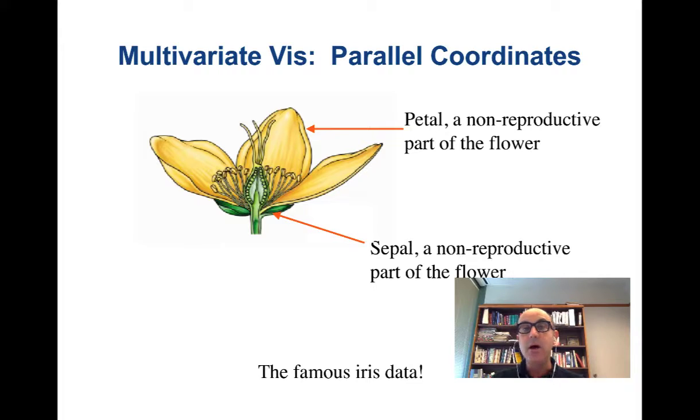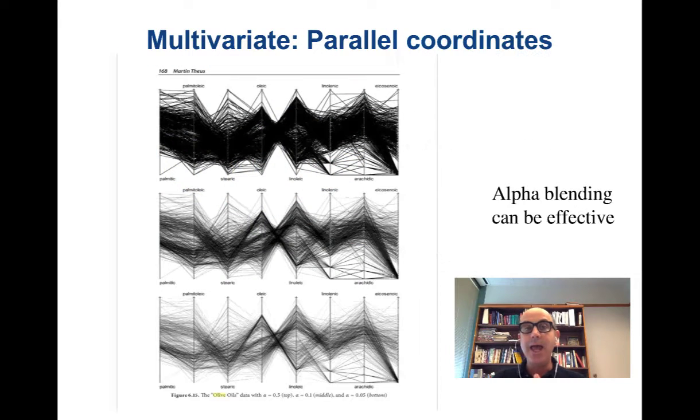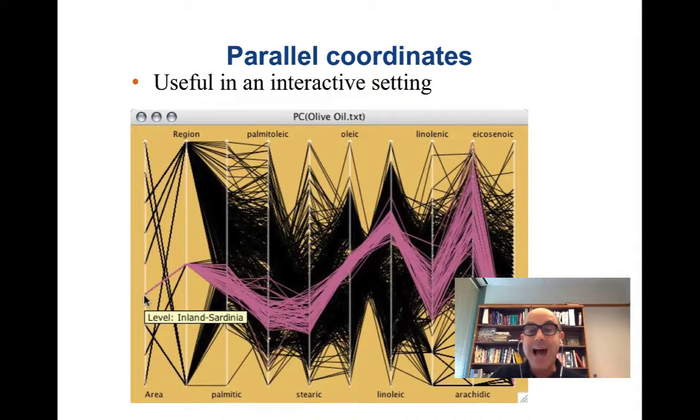So again, I'll show you an example with the iris data and what it entails, and you will be able to do things like that, with alpha blending, which can be effective for visualization, and add colors to it to make it much more.